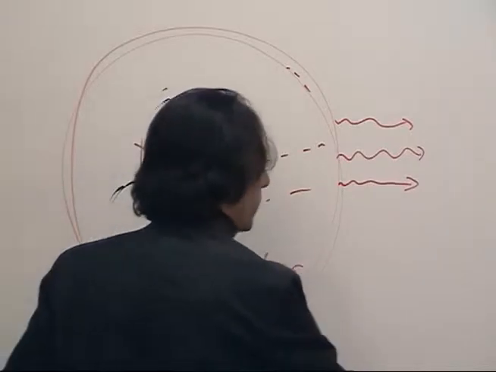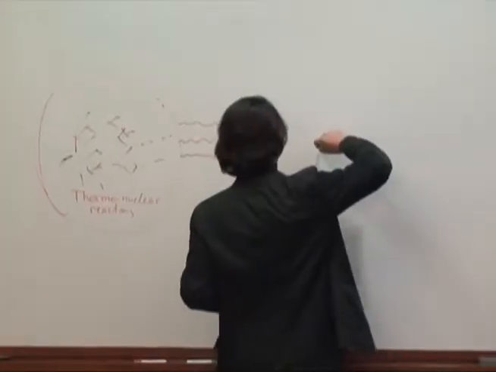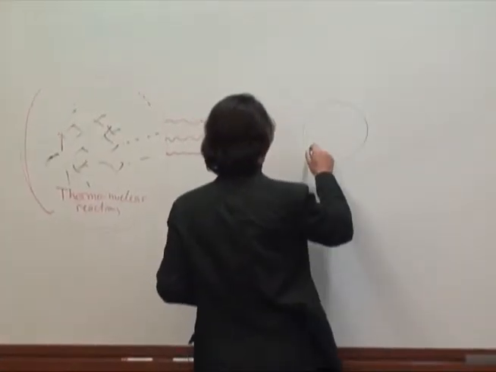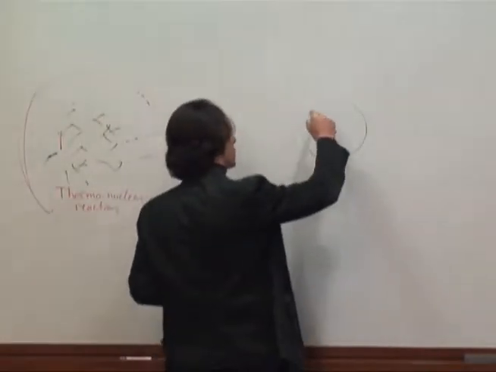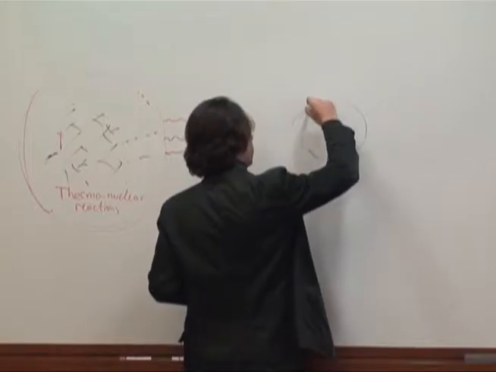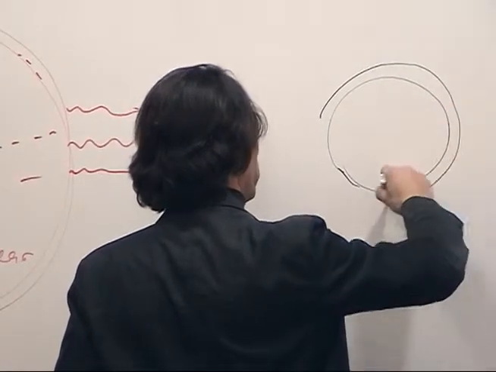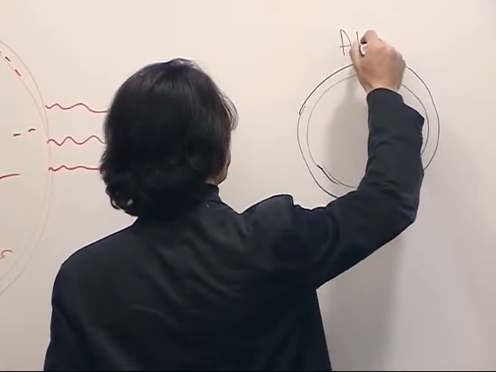These photons reach Earth and heat up the surface of the Earth. The Earth, of course, is surrounded by a thin layer of air, the atmosphere.